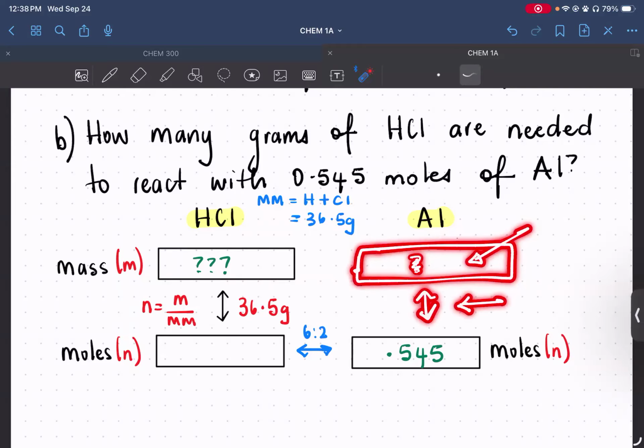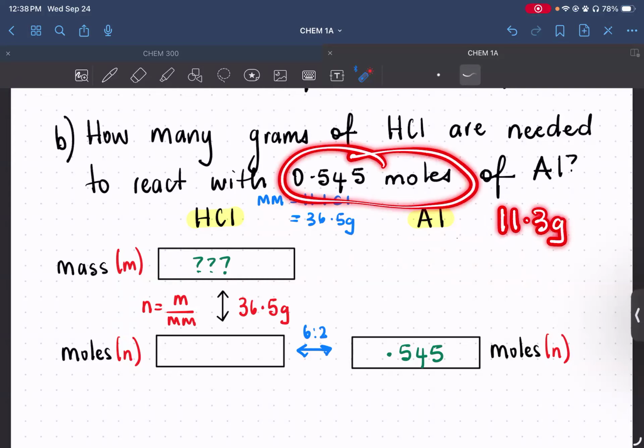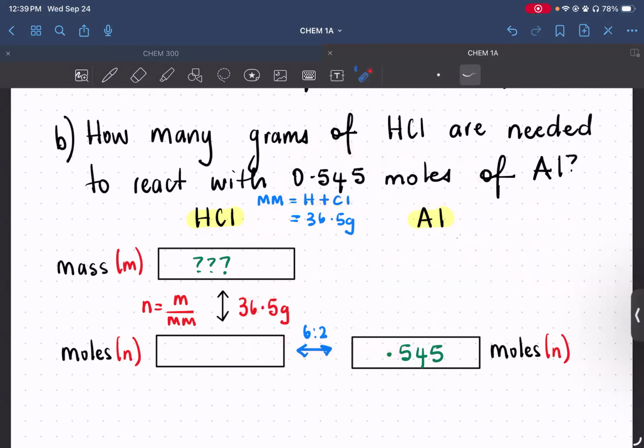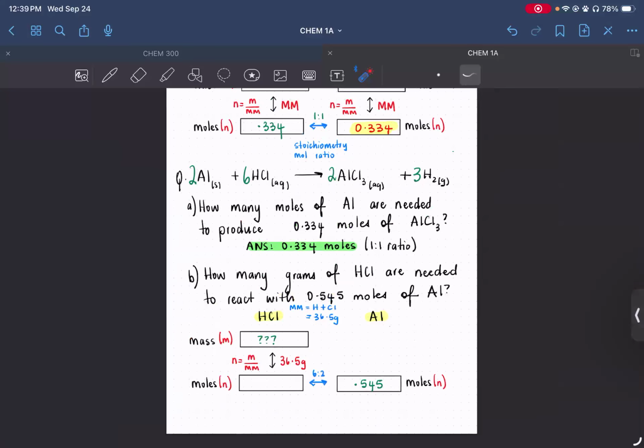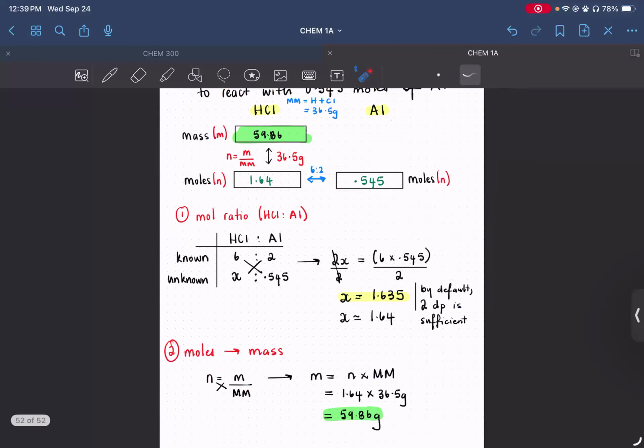What's in the box? So if the question said instead of 0.545 moles, what if you were working with 11.3 grams, you would write 11.3 grams in, and you would continue the roadmap as is. You're going to get some practice with this in today's dry lab workshop because it's on this topic. Any other questions on anything we've done so far?